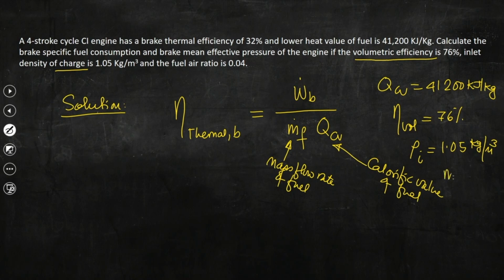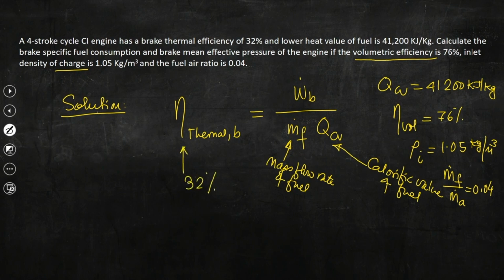So, fuel air ratio, that is m dot f by m dot a, equal to 0.04. Brake thermal efficiency is given 32%.